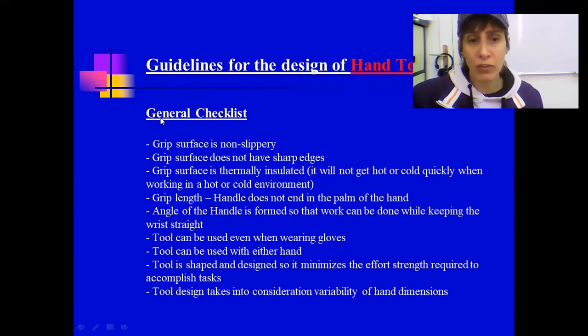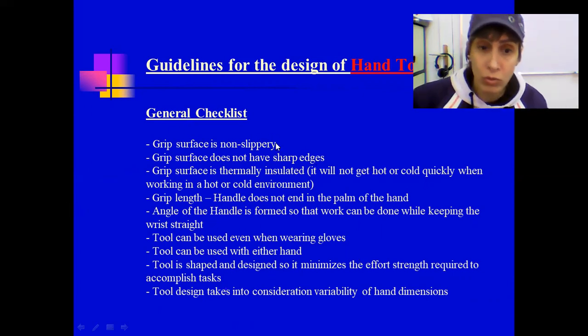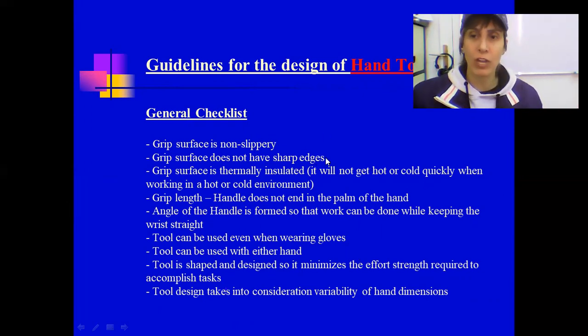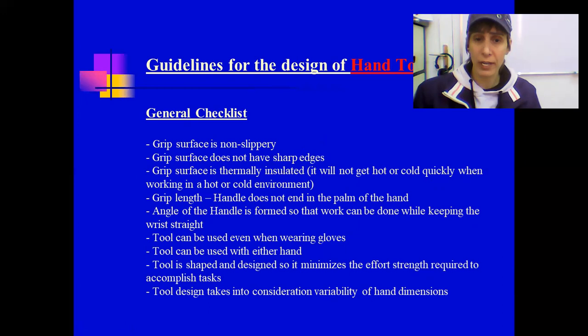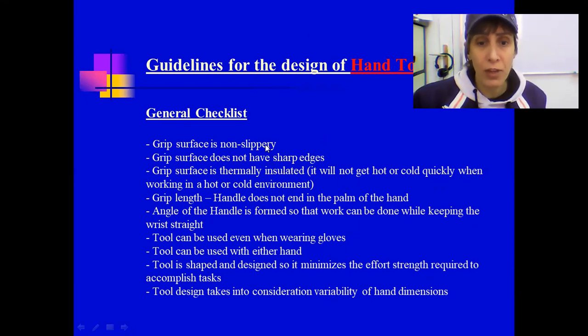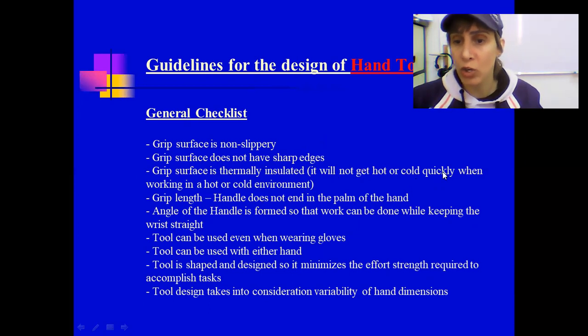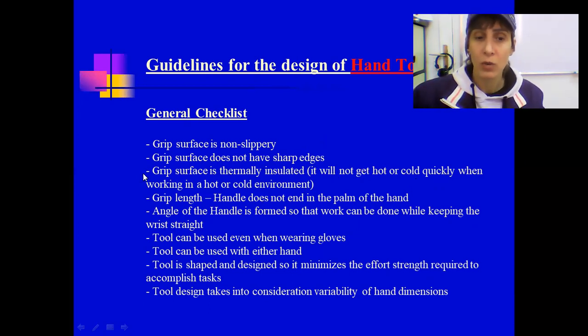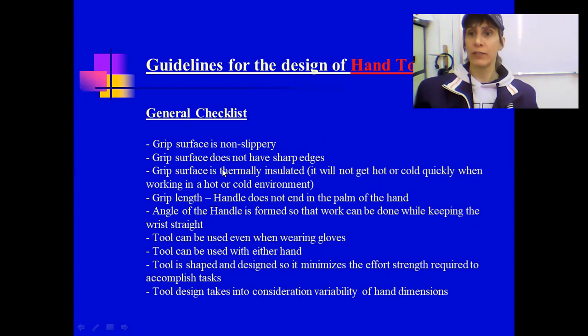So, did you design the grip surface non-slippery? This is important in most hand tools. Yes or no? Okay, so it's a checklist. The grip surface should not have sharp edges which can hurt you. Okay, the grip surface is thermally isolated, so it will not get hot or cold quickly when working in a hot or cold environment.